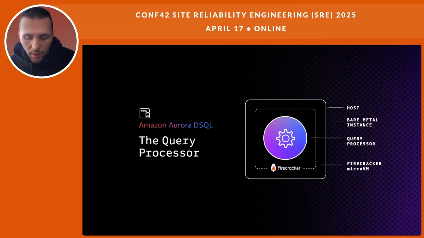A Firecracker micro VM was created and built for Lambda in 2018. And this is the same technology that the SQL query processors are using behind the scenes. It's an open source micro VM that AWS has open sourced, and we've used it to put a secure box around the Postgres engine. So Postgres will be running on top of this query processor, which is a micro VM.